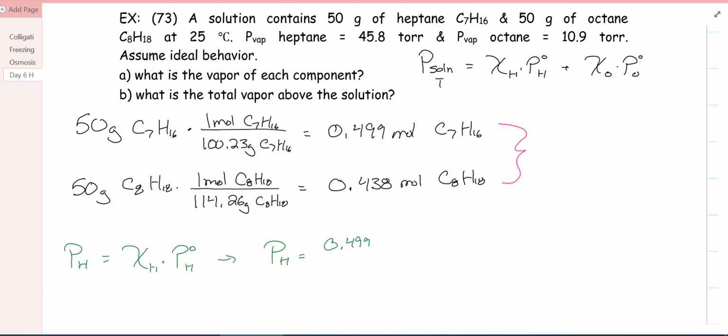And so that would be 0.937. Okay, 0.937 times, now heptane was 45.8. So notice that heptane has a higher vapor pressure than octane, right? Because octane has more intermolecular forces than heptane because it's bigger. Kind of fun. And so this turns out to be the pressure of heptane, 24.4 torr.